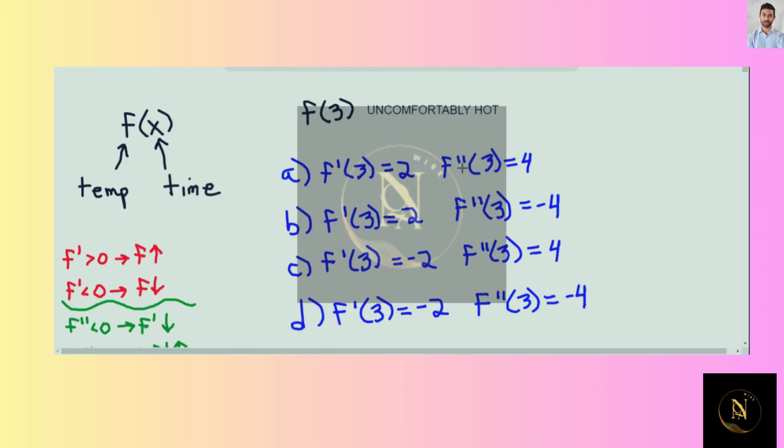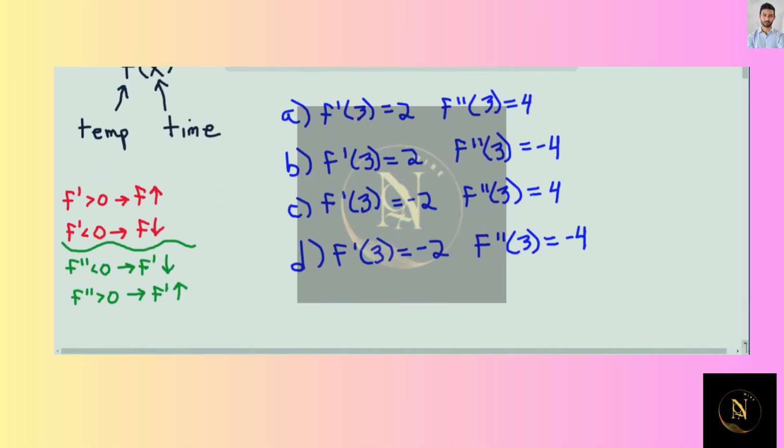Now, F double prime at 3 is 4. Let's see if I can show this a little bit. If F double prime is positive, which it is here in part A, that means F prime is increasing. F prime is the rate at which F, the temperature, is increasing.